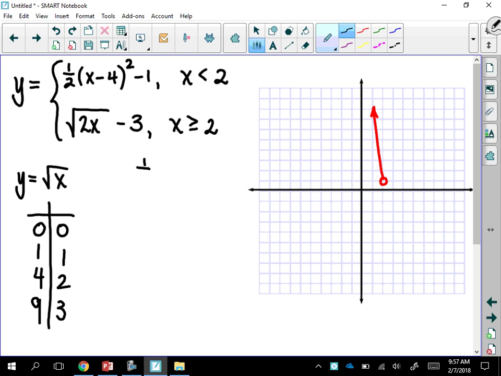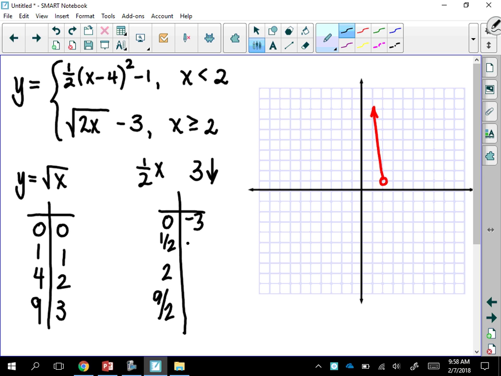One half x, and then 3 down. Remember, when we multiply inside the function, we have to multiply by the reciprocal. So I'm multiplying all the x coordinates by 1/2, and then that -3 is on the outside, at the very end, which means a vertical shift of 3 units down. So I subtract 3 from all the y coordinates.